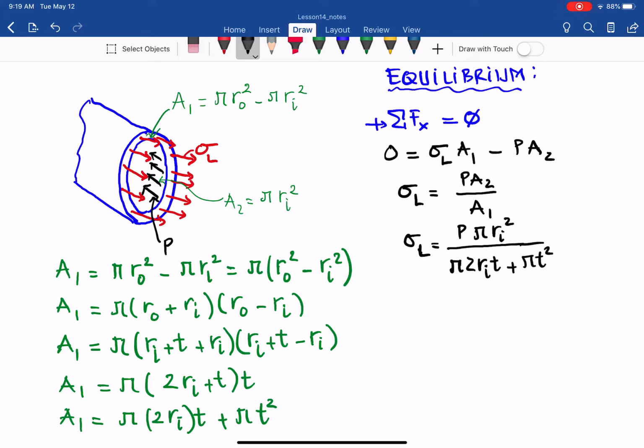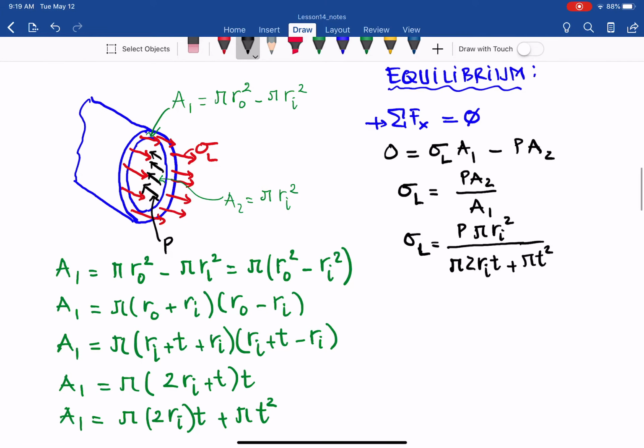And we simplify the pi, then we will have what here? We simplify the pi.